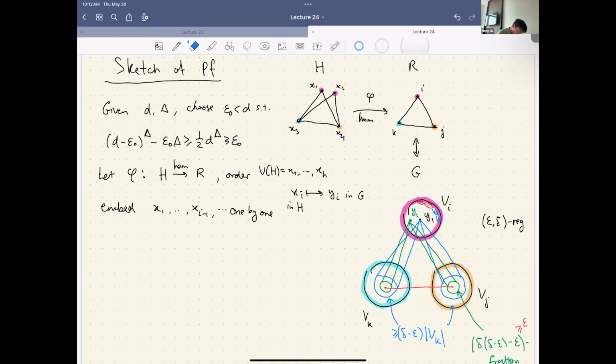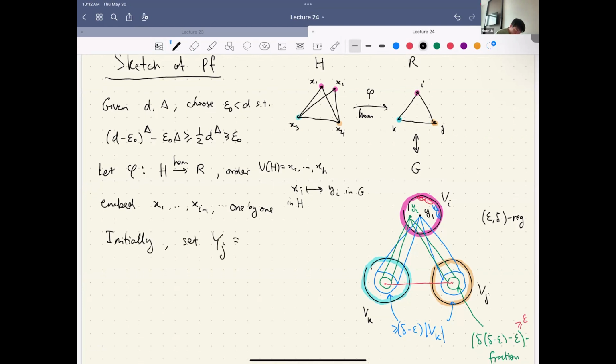Initially, we're going to set Yj to be Vj. And this Yj is the set of eligible vertices in Vj for xj to map to.